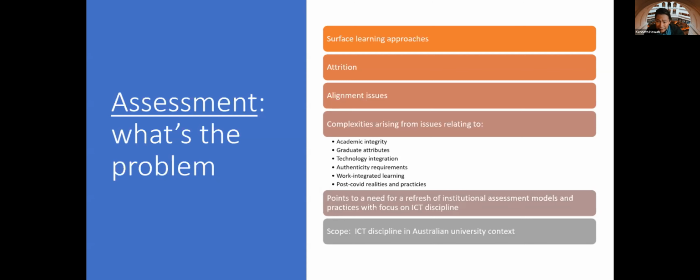Some of these directly impact assessments, obviously, such as academic integrity. Some of them may not be directly part of assessment regimes, but they're becoming so critical to the perceived mission of higher education that more direct assessment models may be required. One of these, for example, is graduate attributes.